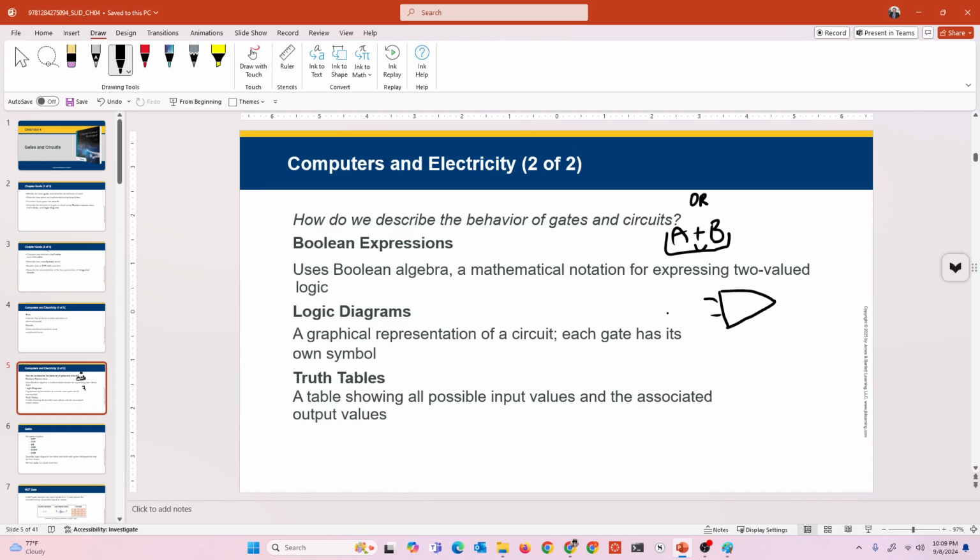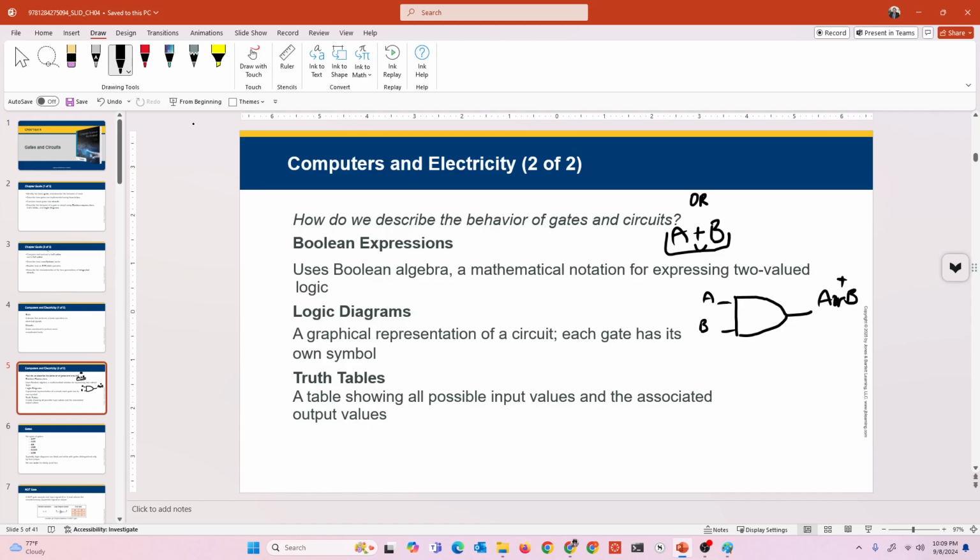It's pointy, okay? So two inputs, right? Here's the inputs, A, B, and this is A plus B. Or sometimes you're going to see it as A or B, okay? Either plus or OR is explaining the same thing.